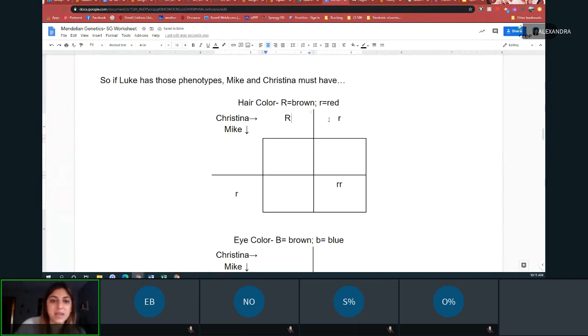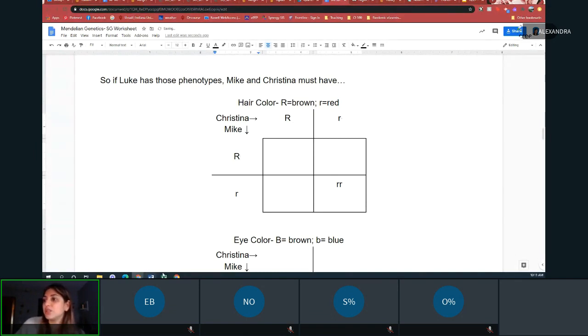So that's why we're not having B and R, because that would represent two different genes. So yes, Christina must have a big R in order to have brown hair, and Michael must also have a big R. And Emmett, I love that you're using vocabulary words. Yes, they are both heterozygous, right? So exactly. So these must be the genotypes for Michael and Christina.